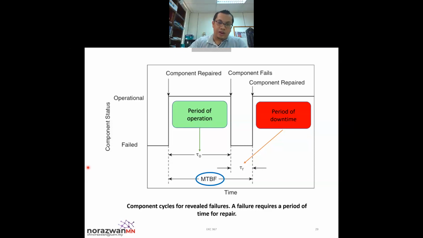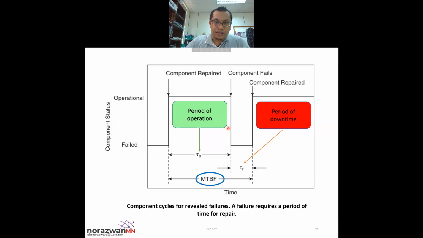Okay, so this is the graph of the component cycle for revealed failures. A failure requires a period of time to repair, so that the component can operate again. So this is fail and operational, 0 and 1.